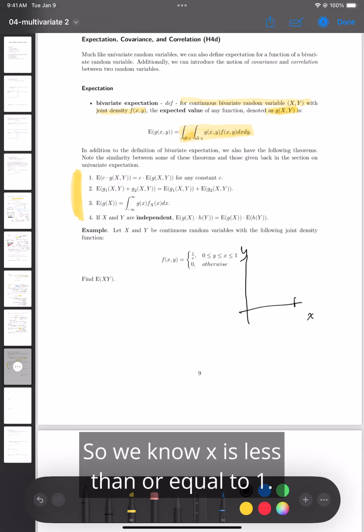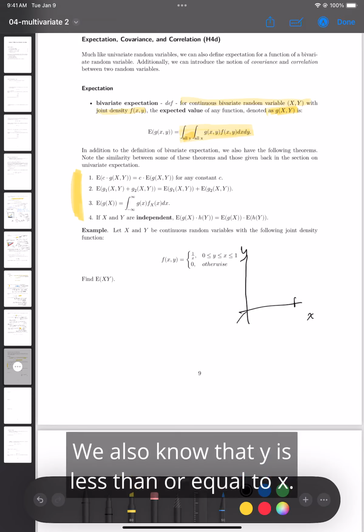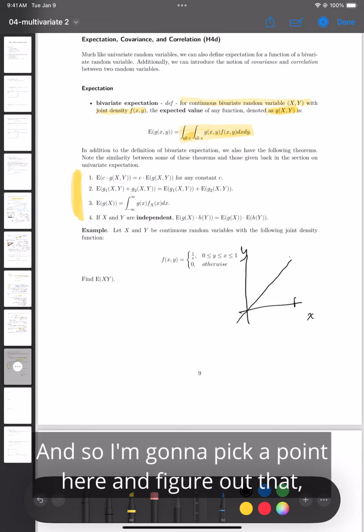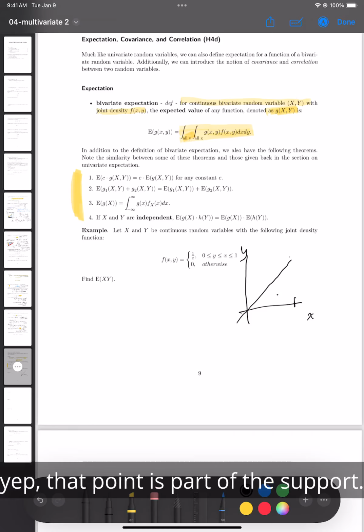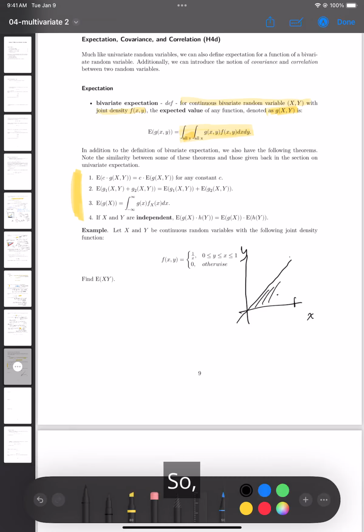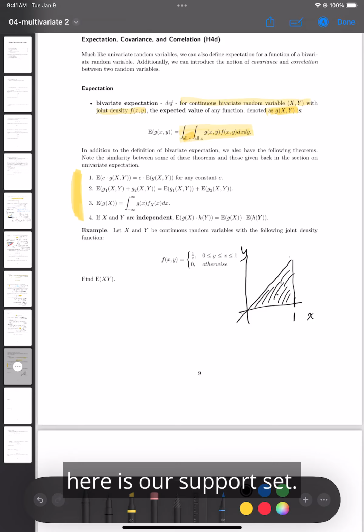So we know X is less than or equal to 1. We also know that Y is less than or equal to X. I'm going to pick a point here and figure out that, yep, that point is part of the support. So here is our support set.